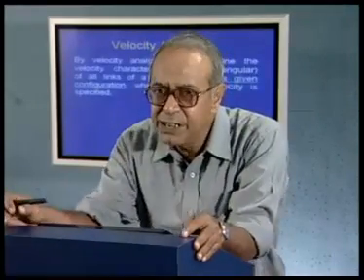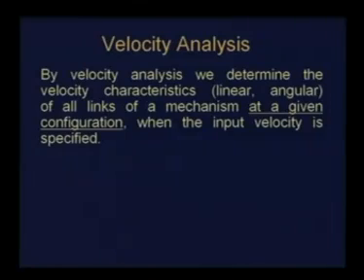So, let me repeat. By velocity analysis, we determine the velocity characteristics, which may be the linear velocity of a point or the angular velocity of a link, of all the links of a mechanism at a given configuration when the input velocity is specified.